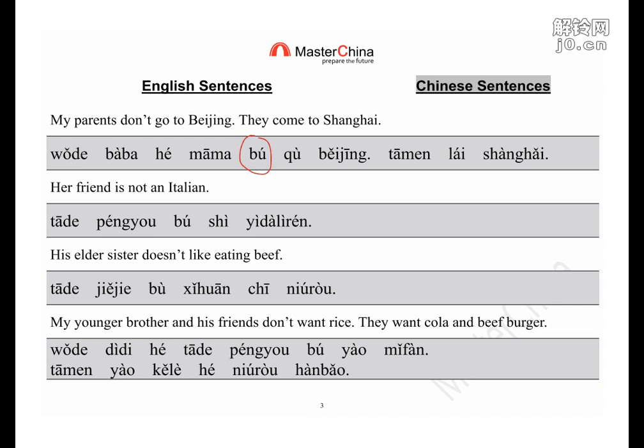Yes, actually, the word not in Chinese has two sounds, or two tones. Actually, they are the same Chinese character. But why does it get two tones?